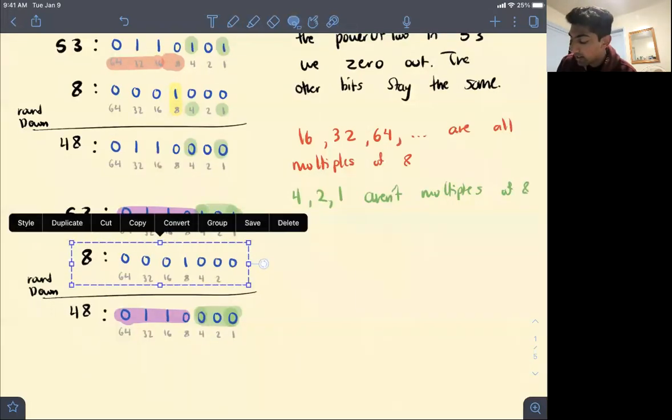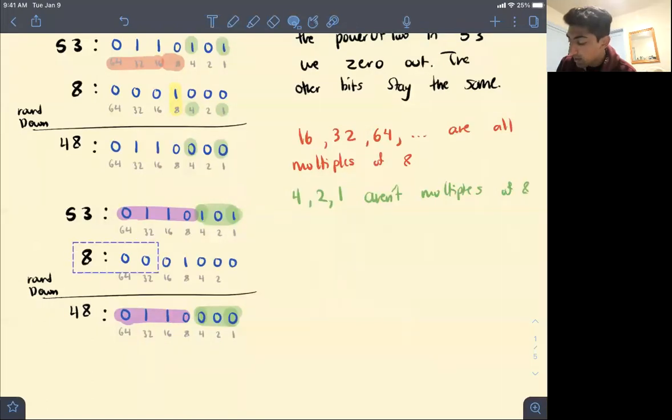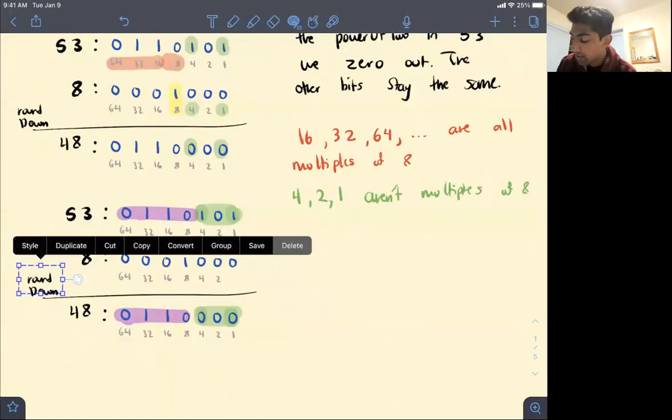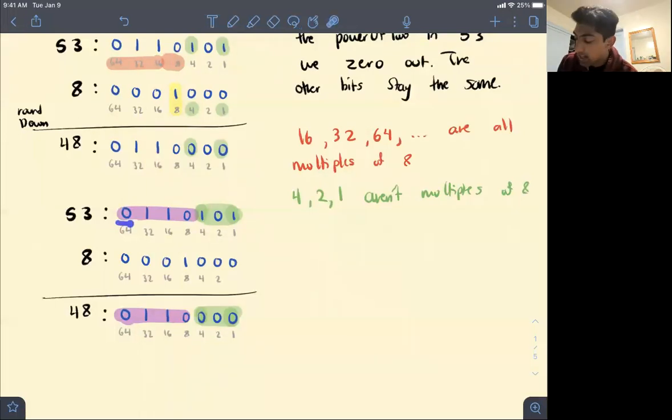So if we want to do some sort of operation to 53 in order to keep these bits the same, and we want these bits to go to 0, my intuition is we want to use an AND operation. We want to do an AND operation where all of these bits are 1, because if we AND a number with 1, it stays the same, right? And all of these bits are 0, because if we AND a number with 0, it gets set to 0.